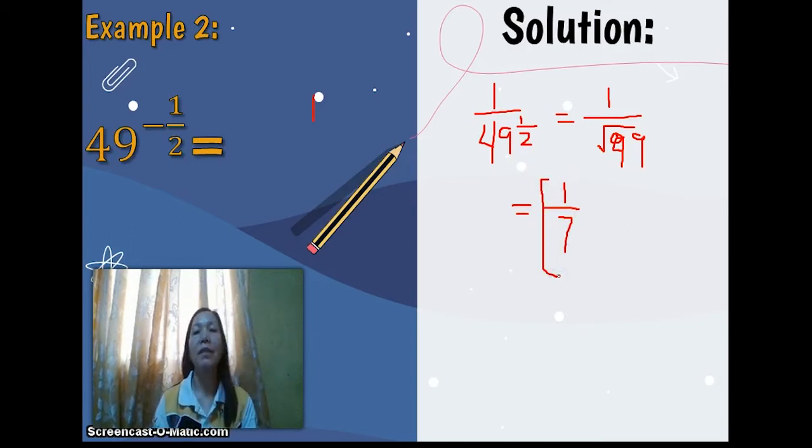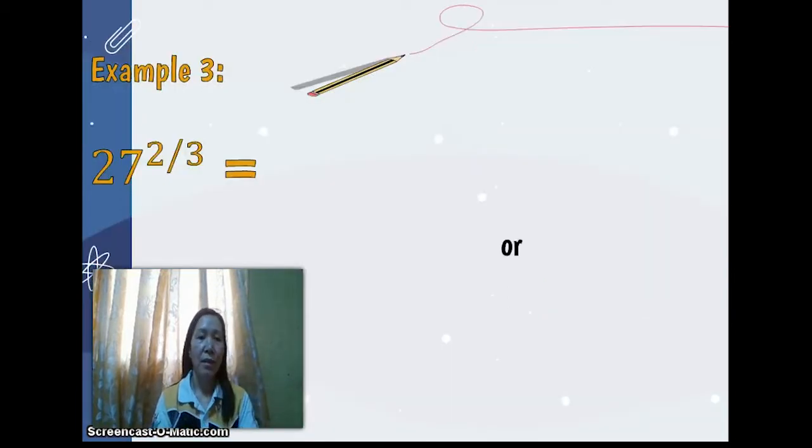This is just pretty elementary, so let's do something challenging. We have 27 raised to 2/3. We learned a second ago that we can do this in different ways.